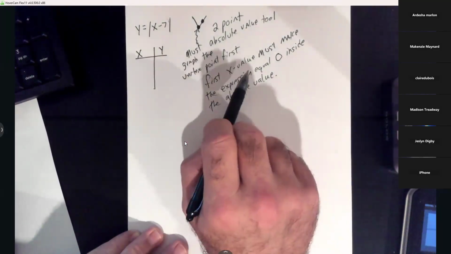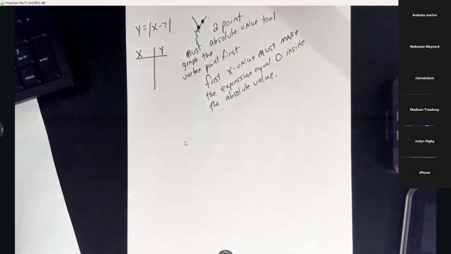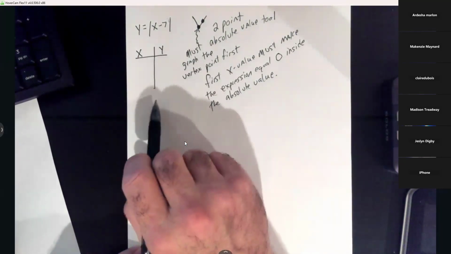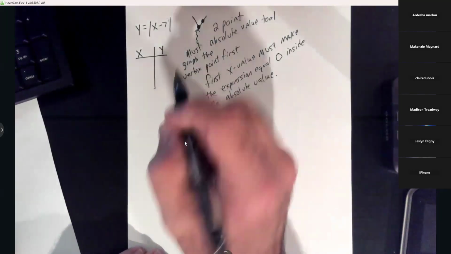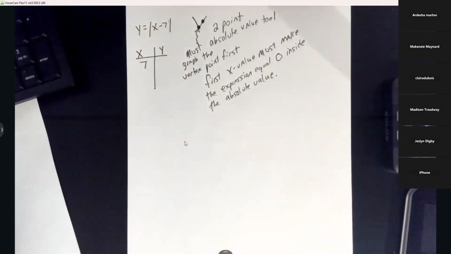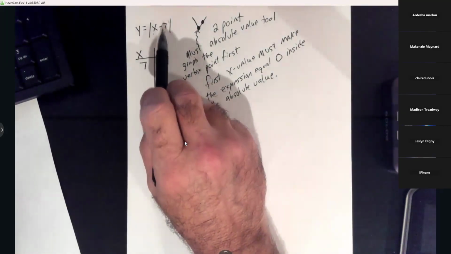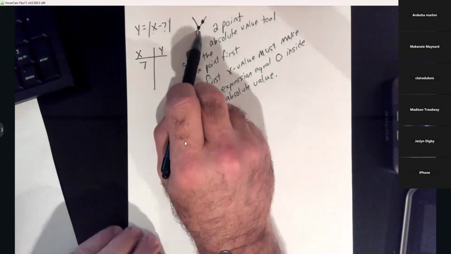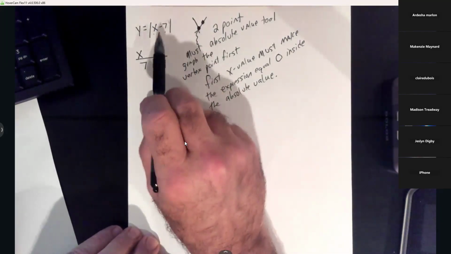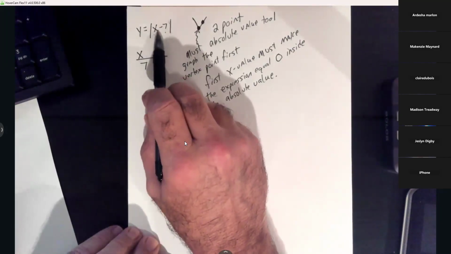So, what x value will make that equal 0 inside there? That's what we got to figure out to get our first x value on this. And y'all, that would be a 7. 7 minus 7 is 0 inside here. So if you want to be able to plot this point first, it's got to be whatever number will make that equal 0 in there, okay?